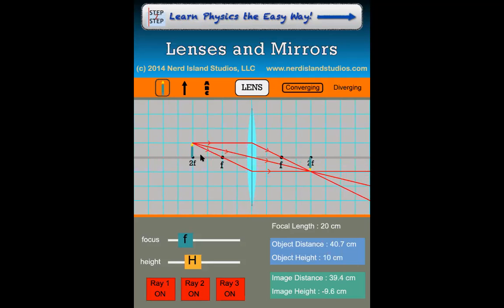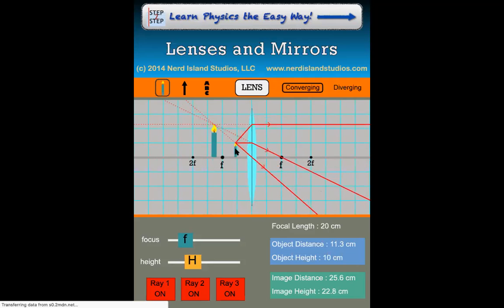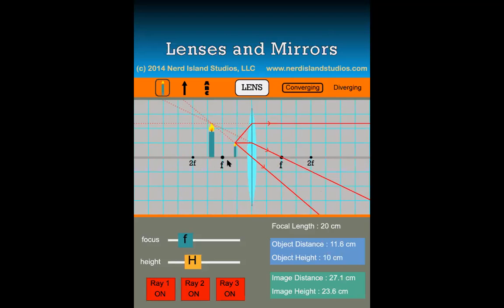Right? Now, converging lenses can have a virtual image if the object is inside the focal point. And a converging lens is a magnifying glass. Magnifying glasses are converging lenses when the object is inside the focal length.